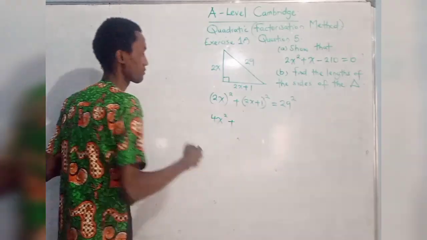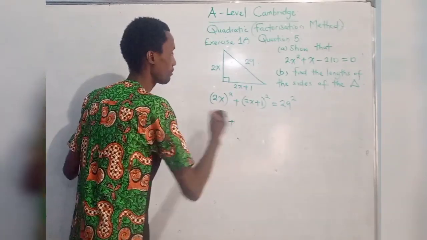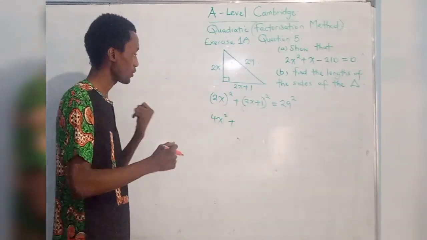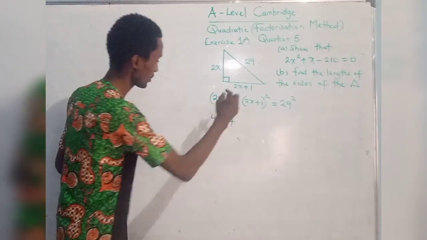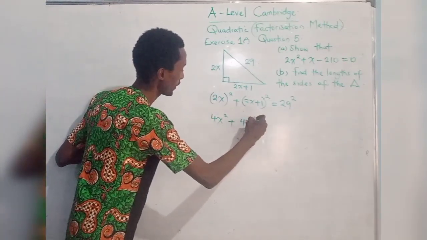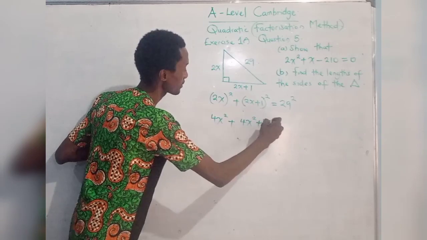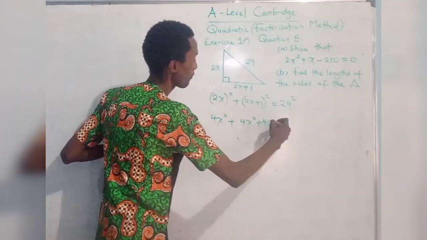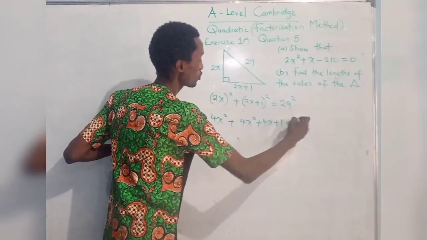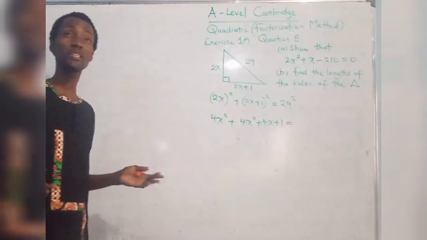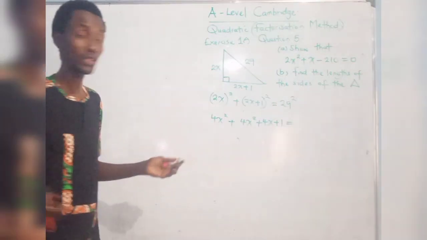Then there's a technique I use, we call it the Wakanda approach. This will give me 4x squared plus 4x plus 1 equal to 29 squared, which should give me 841.